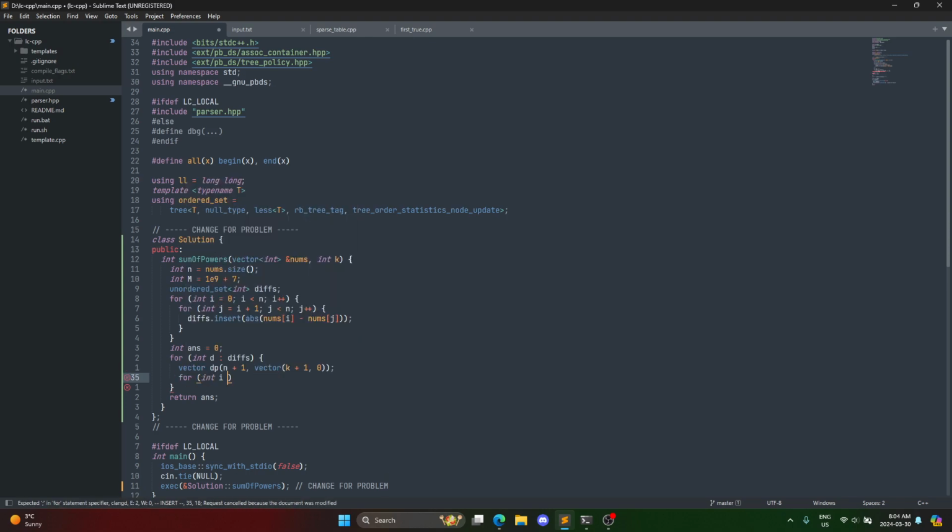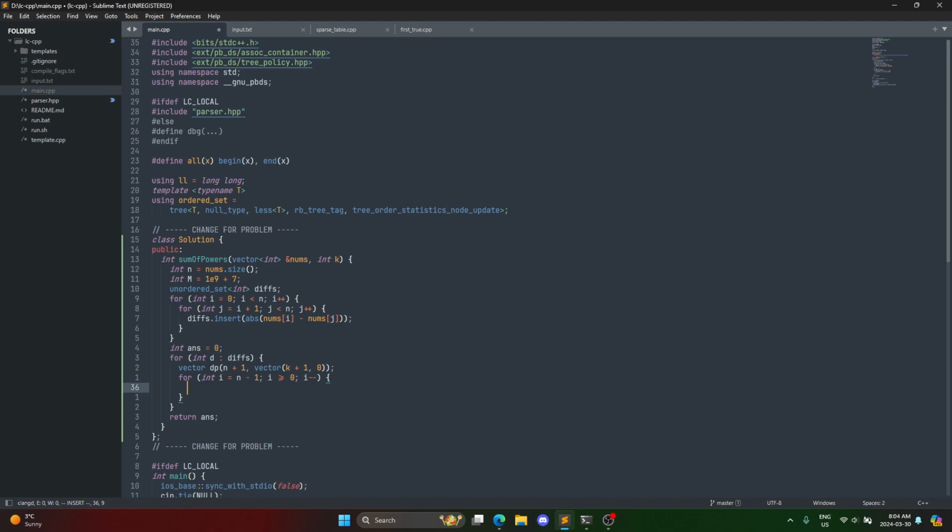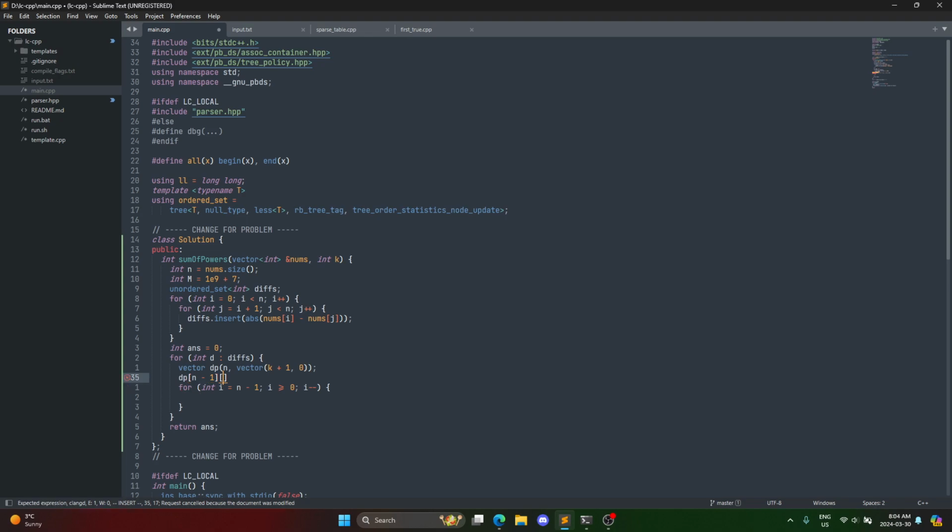Then we do, say like dp of minus 1, minus 1, 0 is equal to 1.